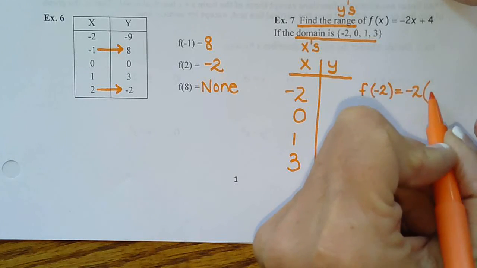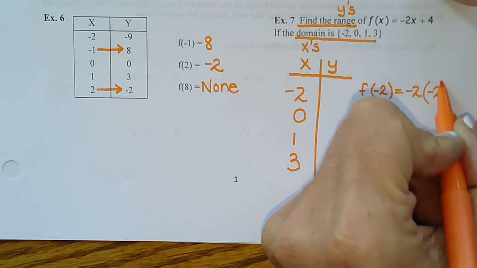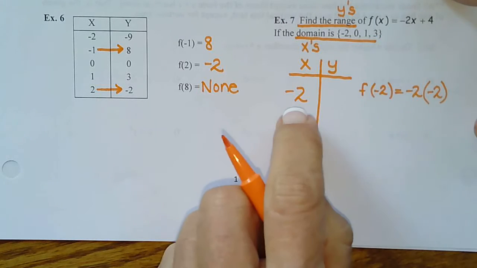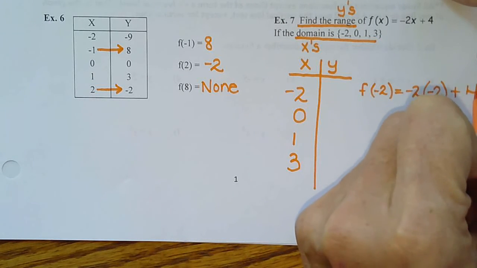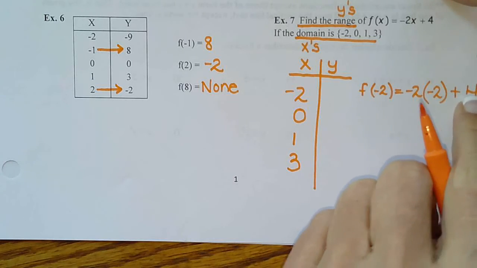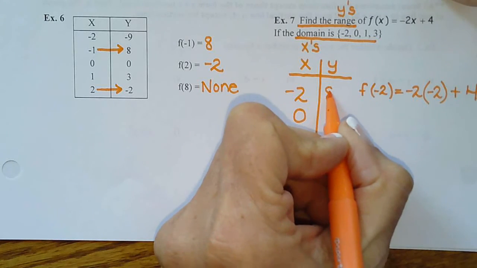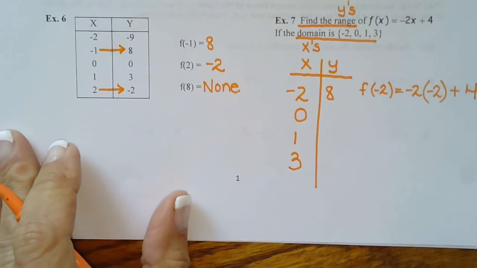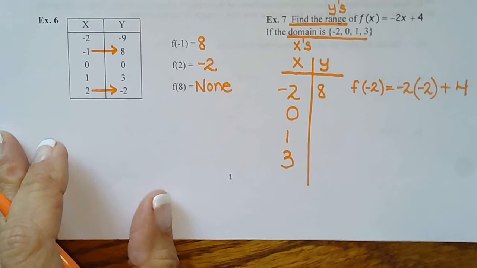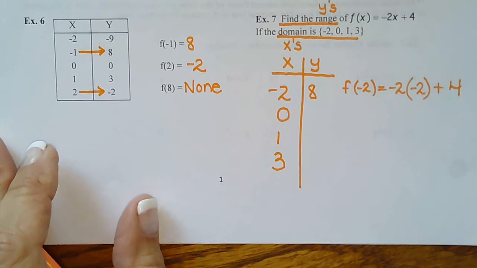Remember how I said when you input a negative, you must put it in parentheses? So take the x out, plug -2 in, and then add 4. 4 plus 4, the answer's 8. So the output or the answer is always going to be your y value. Scoot this over a little bit so we're not off the page.